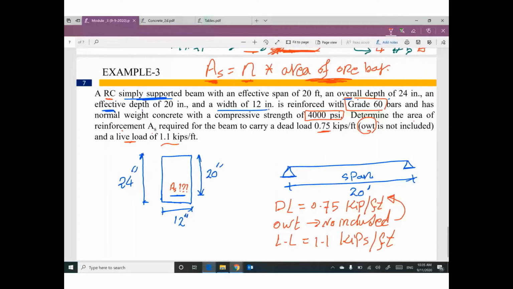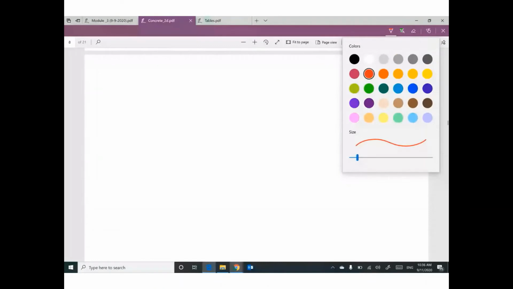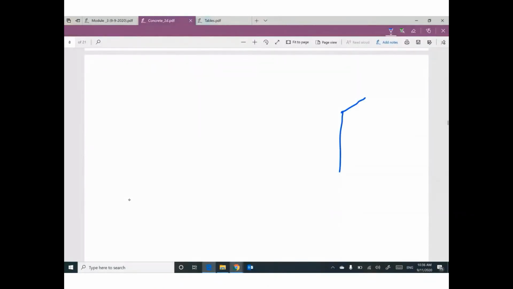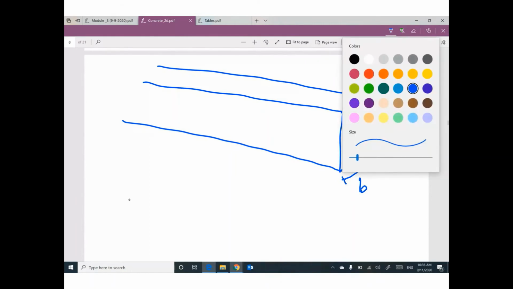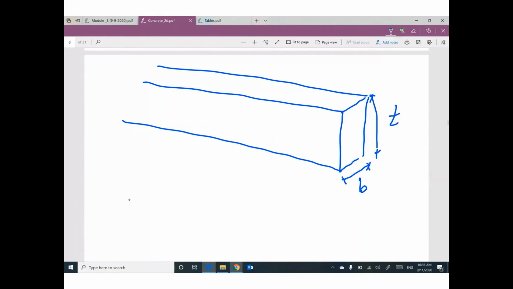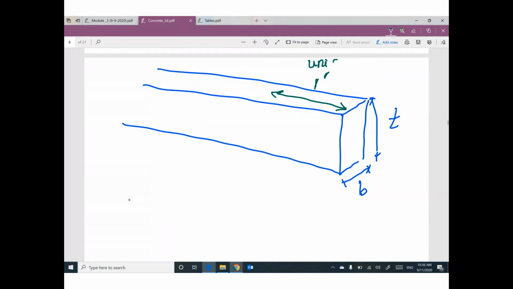I need to figure out, if you have a beam that looks like this, here is B, here is total depth, overall depth T. Can you tell me how I can figure out the weight of this beam per unit length? 1 foot means unit length. So I need to figure out the weight of this part of the cross section.